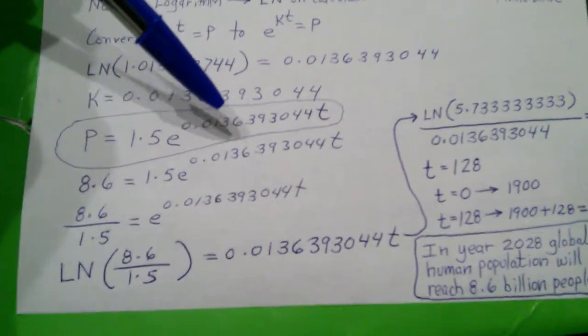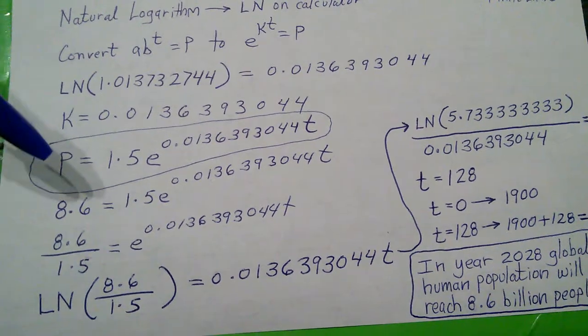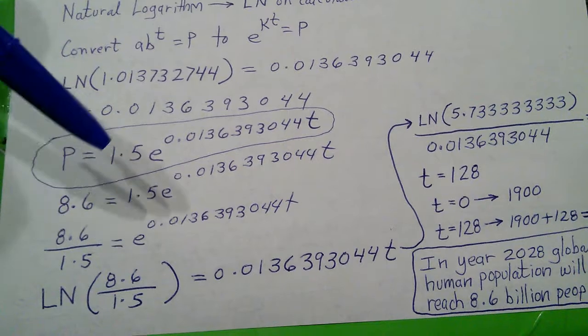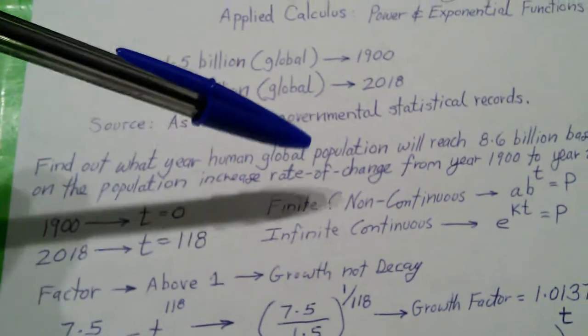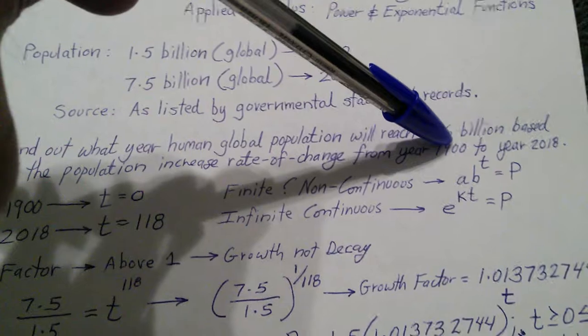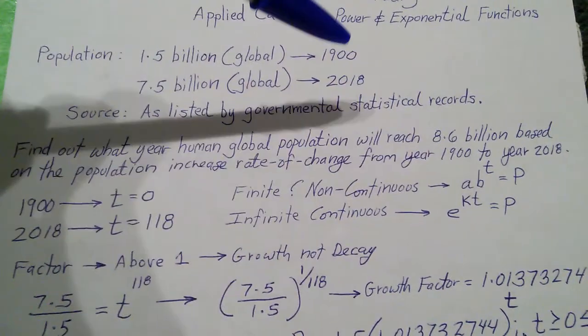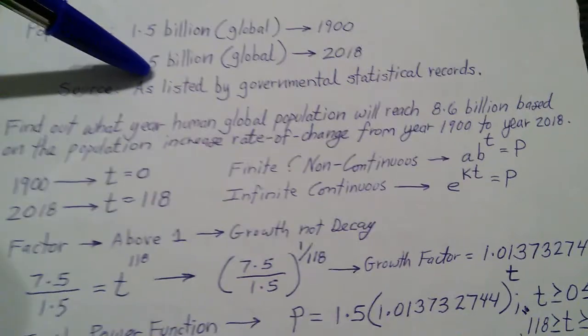So now all we have to do is enter in a projected forecast or a targeted population number, which is obviously happening in the future. The question is, find out what year the human population will reach 8.6 billion people. So if we're in 2018, we're still somewhere around this number.